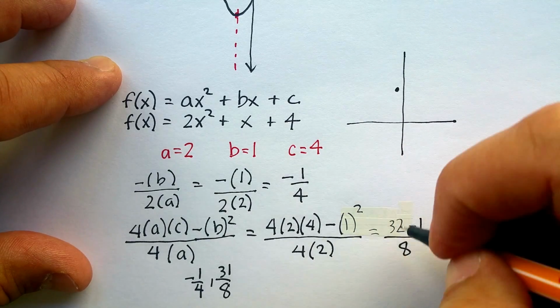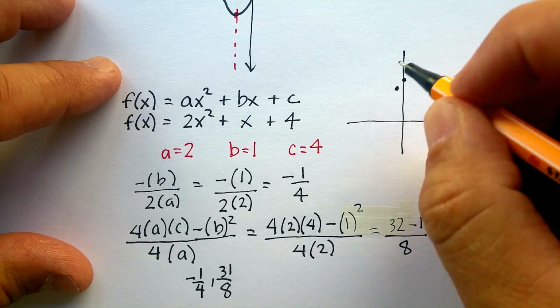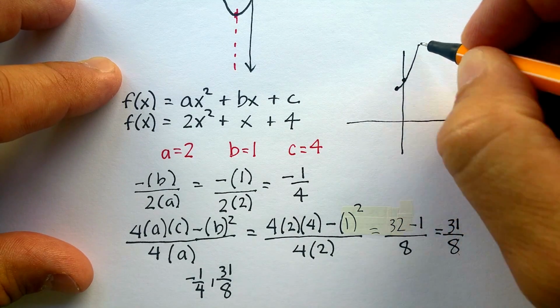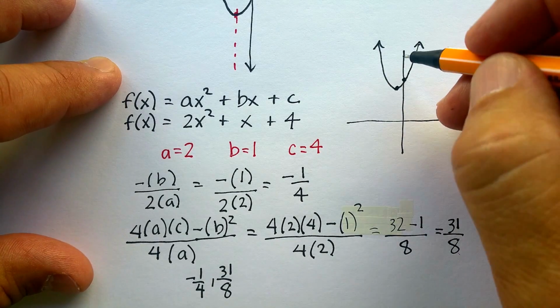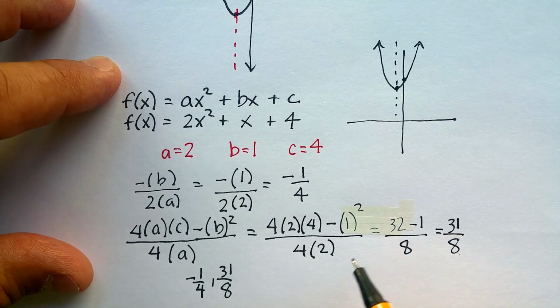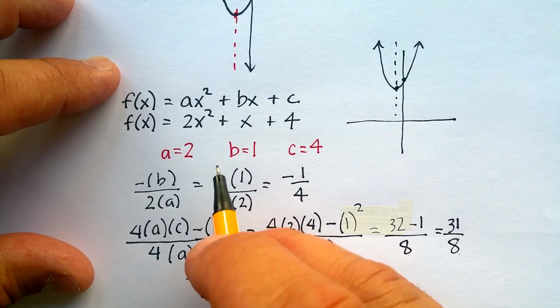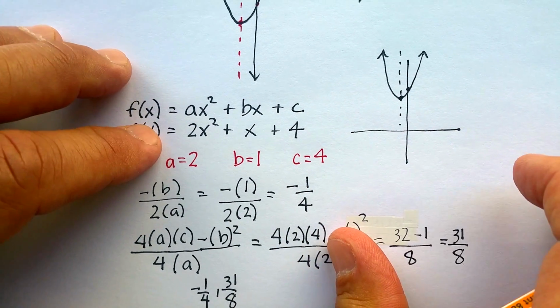So there's that. The y-intercept is 4 because we know that from the c constant. We know that it opens upward, so it's going to look like this. And we know that the axis of symmetry is just the x value, which is negative 1/4. Okay, so there's my quick sketch of this particular function. I hope that was helpful to you.